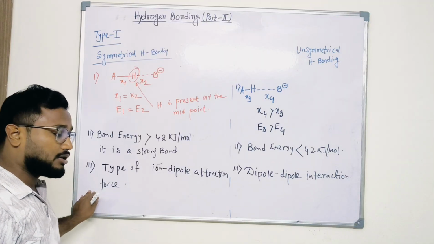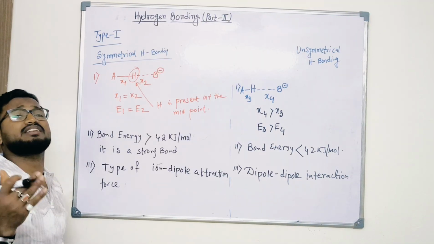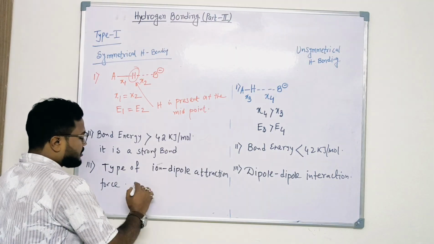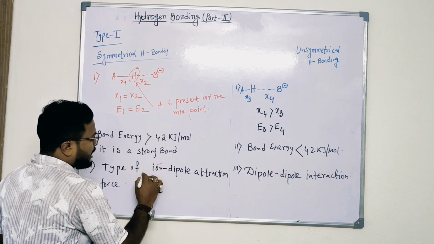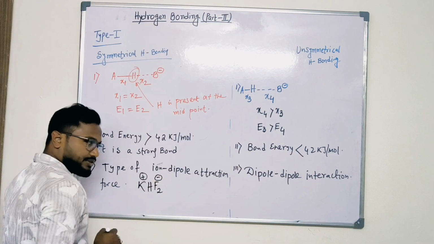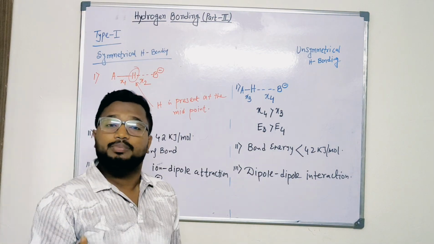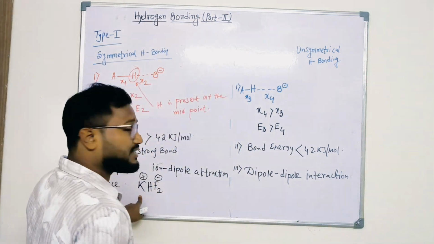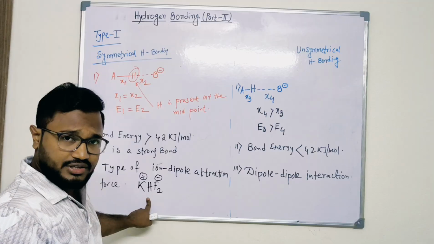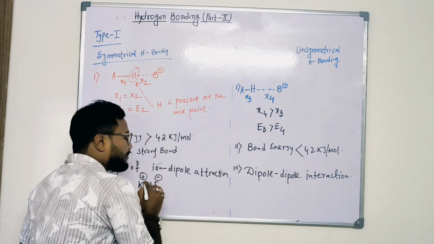What is the benefit of having ion dipole interaction force, and what is an example of that? Let us consider KHF2, here K plus and HF2 minus. Except KHF2, KHCl2, KHBr2 and KHI2 do not exist. Then why does KHF2 exist? Let me tell you one of the most important concepts about this.